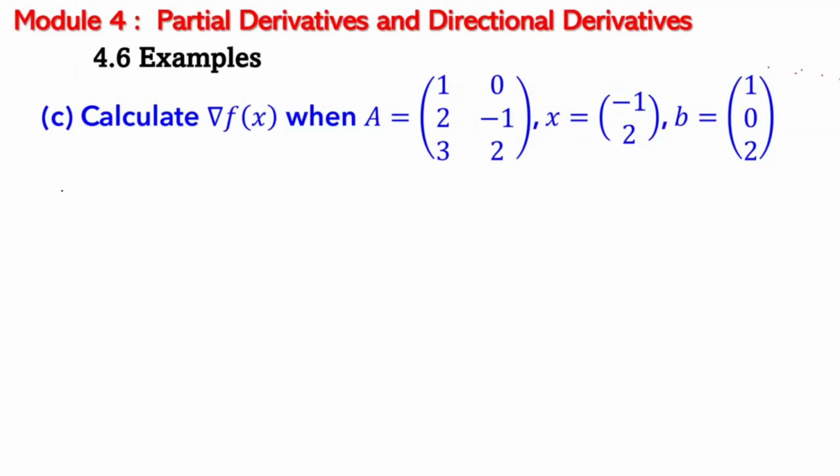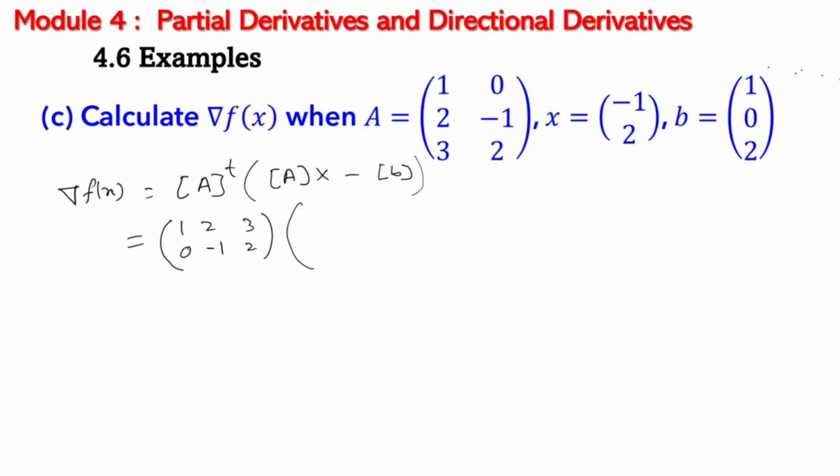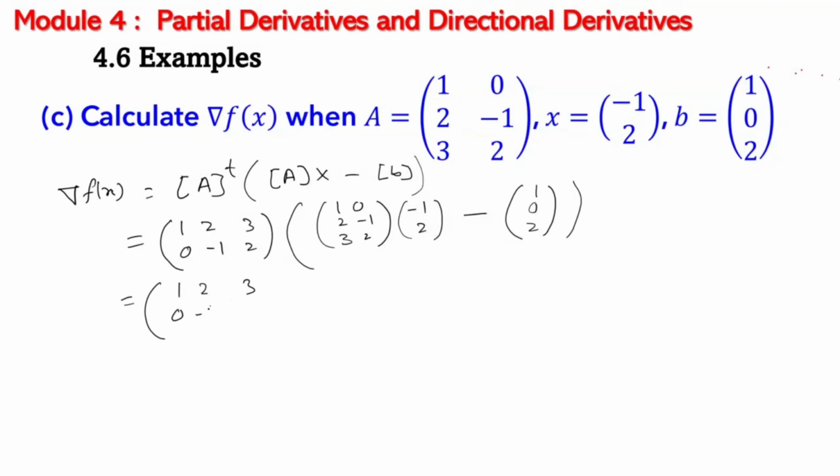We recall from part B that gradient of f of x is equal to matrix A transpose times matrix A x minus matrix B. So A transpose in this case will be 1, 2, 3 and 0, minus 1, 2, and then matrix A operating on x, which is minus 1, 2, minus matrix B, which is 1, 0, 2.